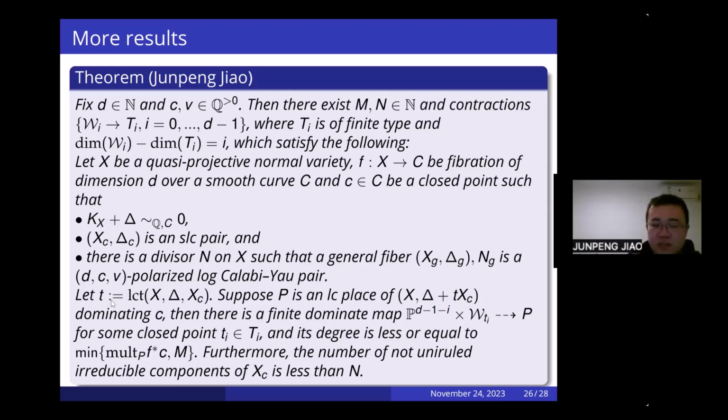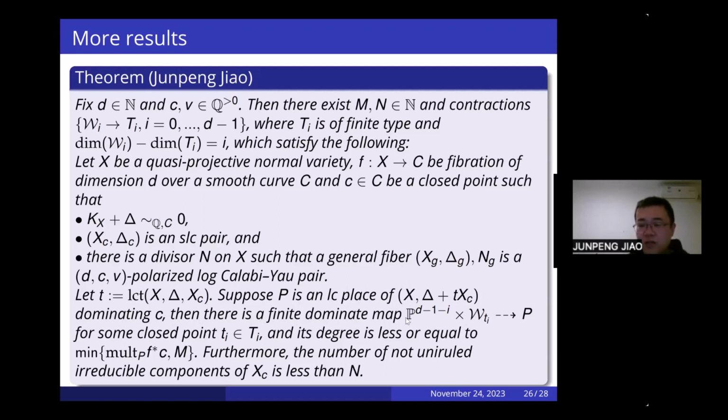If we let t be the log canonical threshold, the maximum number t such that (X, Δ + tX_c) is still log canonical, suppose P is an LC place of this (X, Δ + tX_c). Note that in the main theorem, this t is 1. It's just 1. So suppose P is an LC place of this, dominant over C.